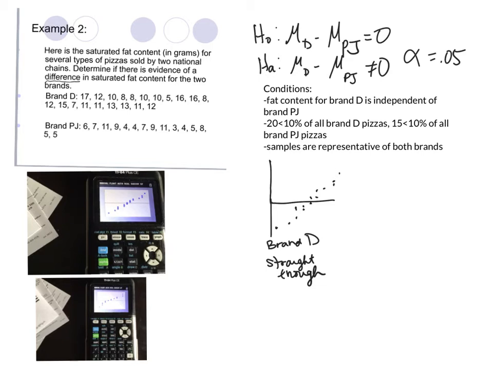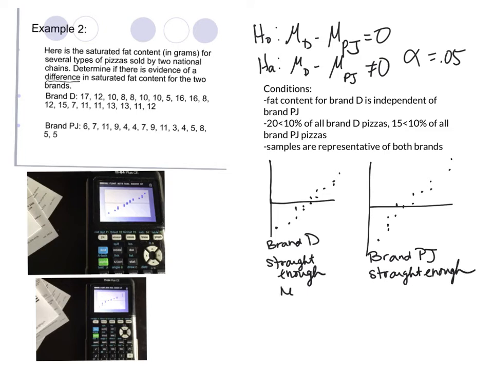So I'm going to draw this. And that's brand PJ, and it's also straight enough. So nearly normal checks. So then we can say, since conditions are met, a t model is appropriate.